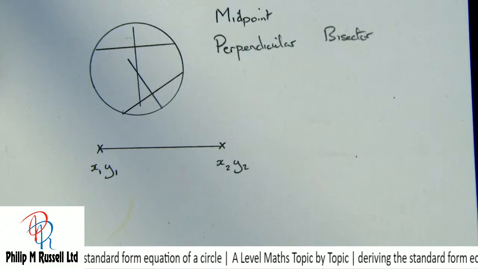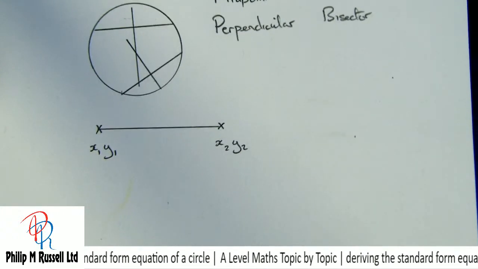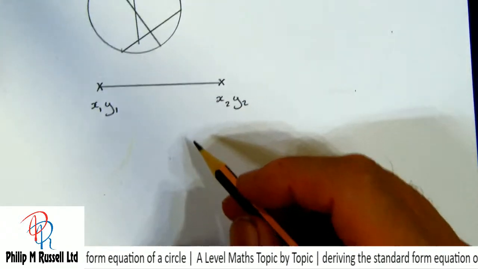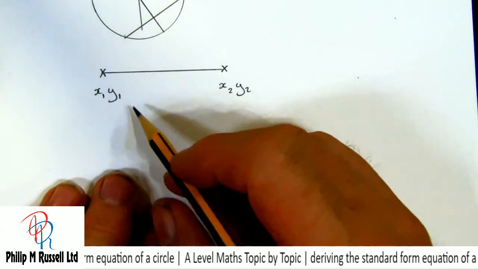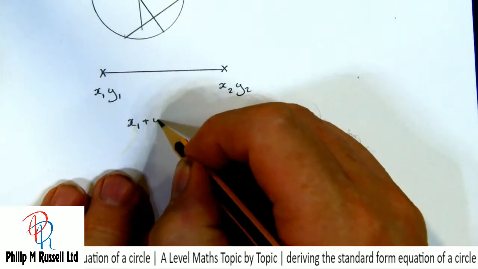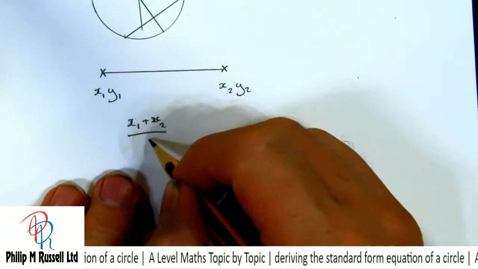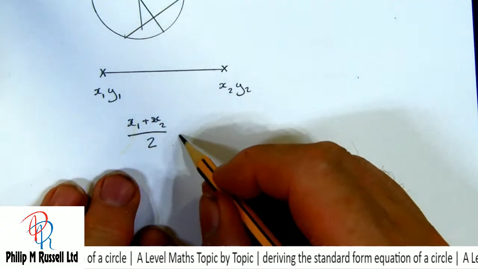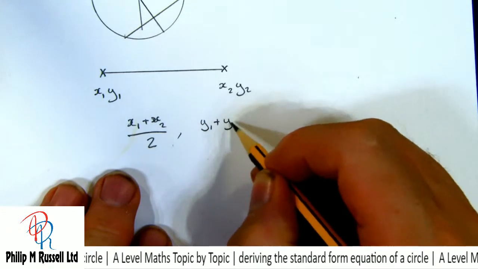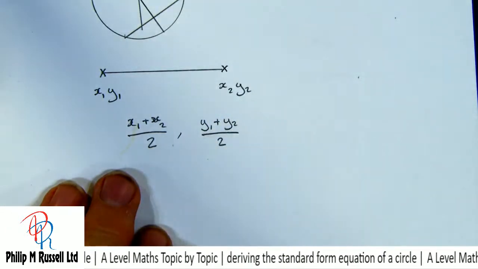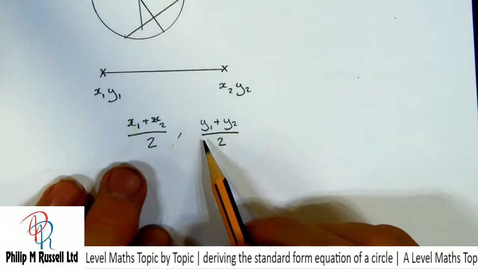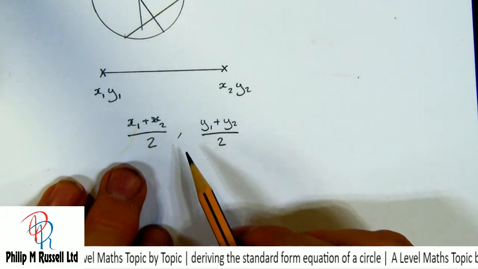So the midpoint of a line like this is going to be our points of x1 plus x2 divided by 2, and the other one is going to be y1 plus y2 divided by 2, and that's going to give us a way of finding the midpoint.